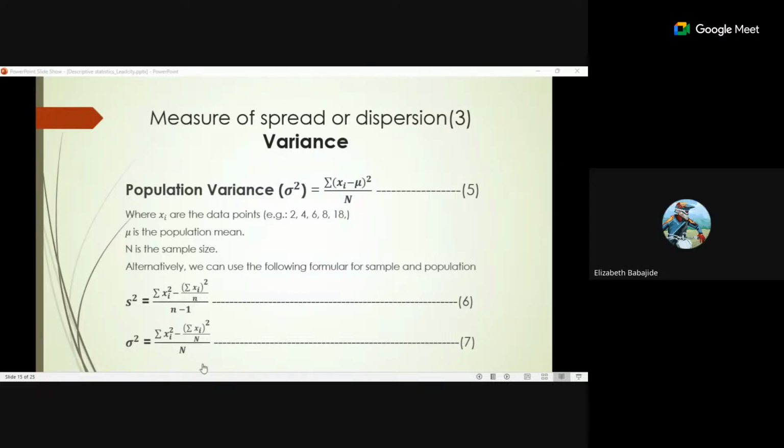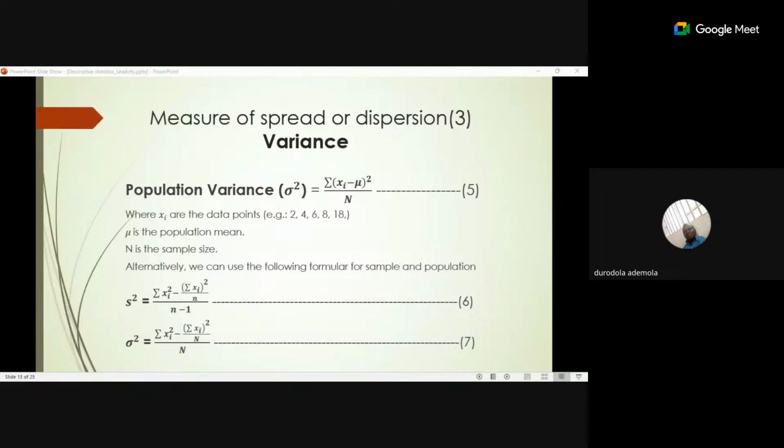In equation 5, according to this formula, summation of x sub i squared means 38 squared minus 38 in brackets squared, all over 5, all over 5 minus 1.